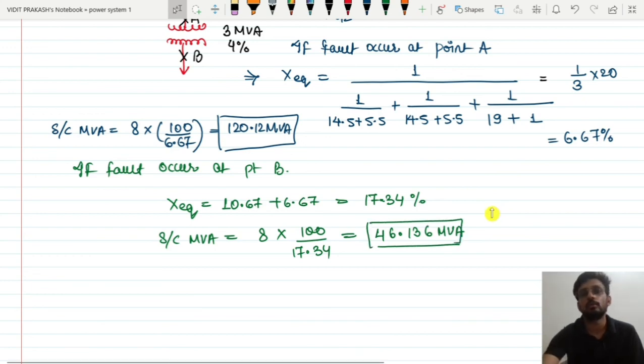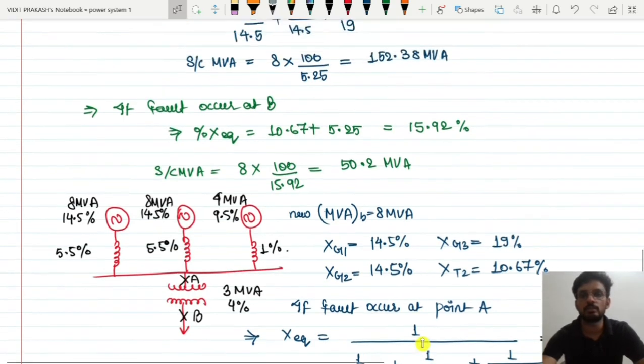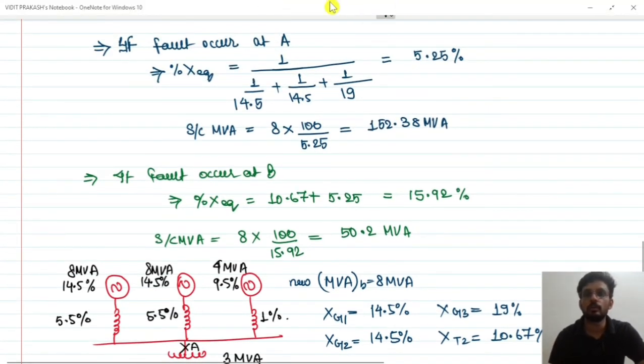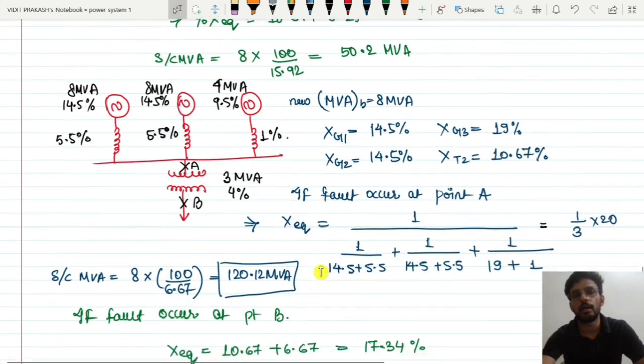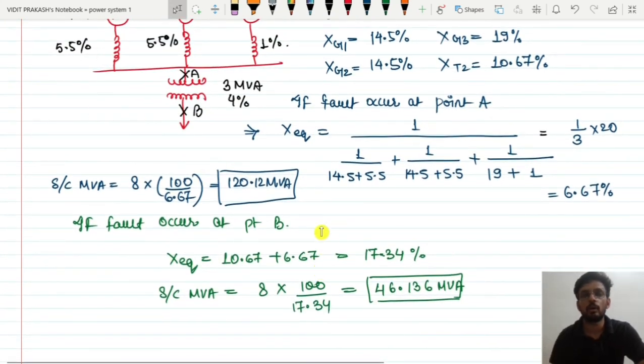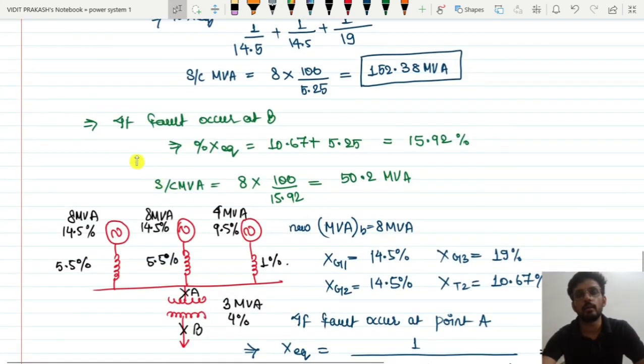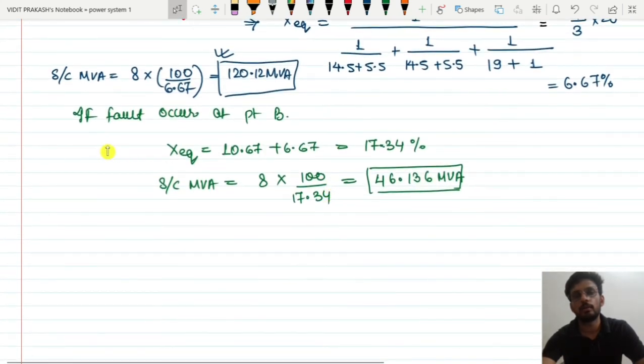Okay, now just compare this with the previous result. Previously, if fault occurs at A, we got 152.38, and after connecting the reactors we got 120.12. So the short circuit MVA value gets reduced. Earlier, if fault occurs at B, the short circuit MVA was 50.2, and after connecting the reactor we got 46.13.